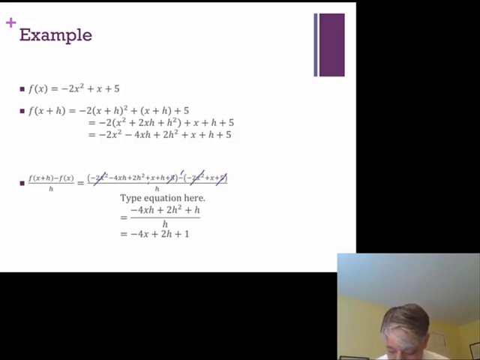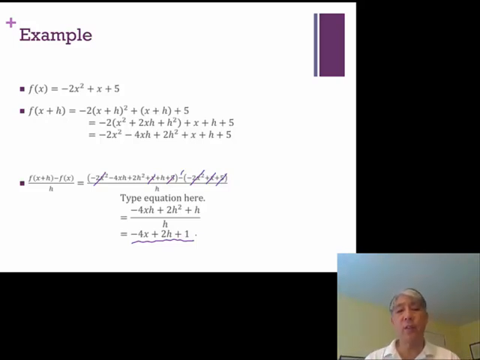I have this plus x here and the minus x here. So everything in the f of x disappeared. And I'm left with just minus 4xh minus 2h squared plus h, over h. Simplifying that even further, I end up with just minus 4x minus 2h plus 1. So something that started out looking so complicated became fairly easy after simplification.